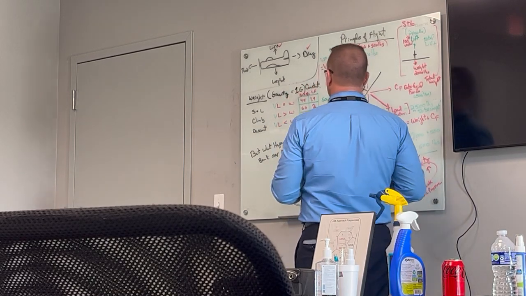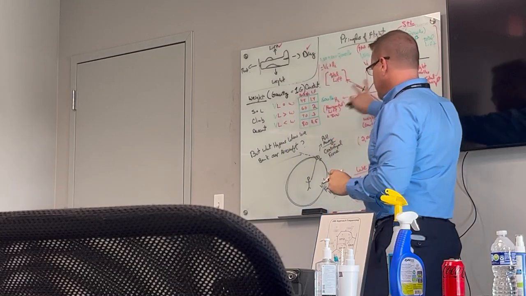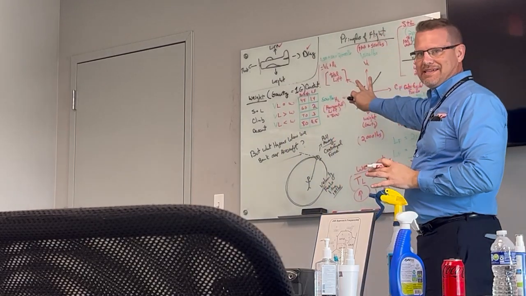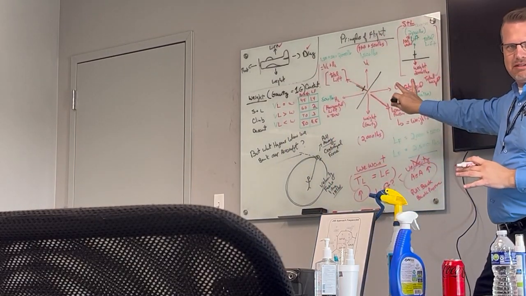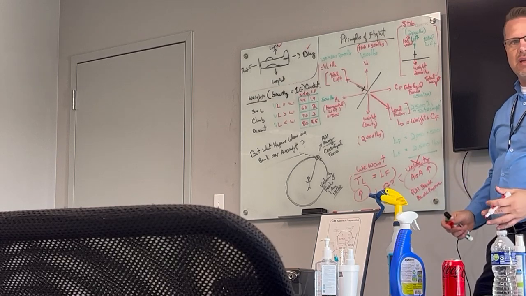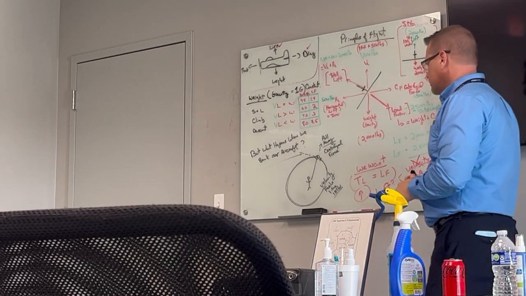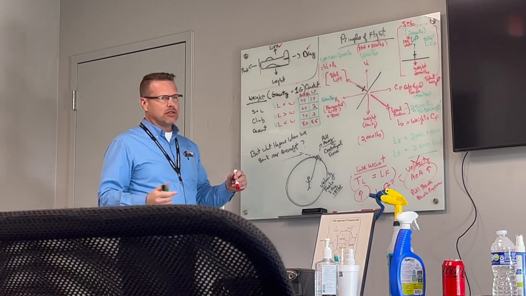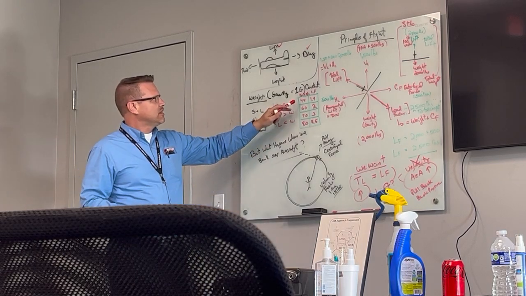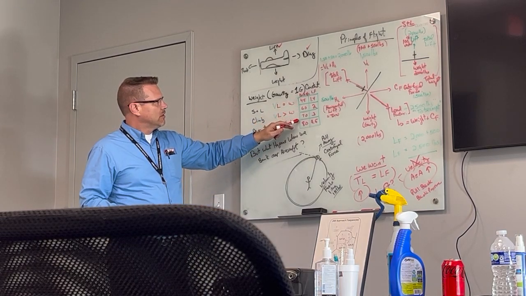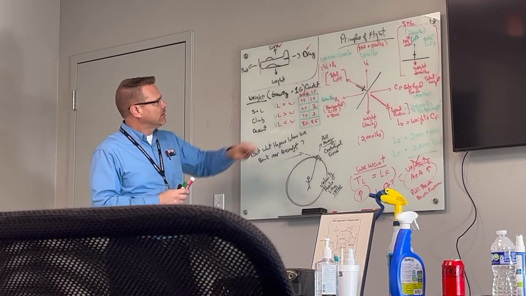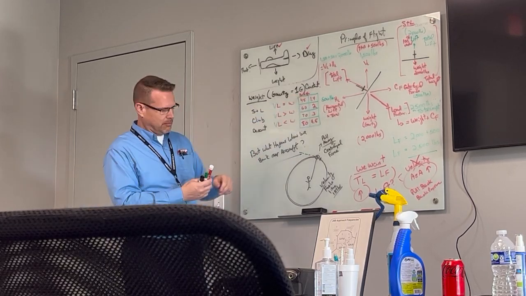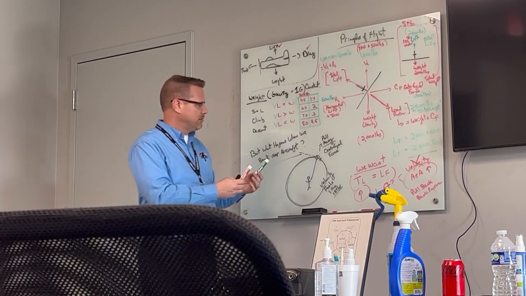Okay. So once you kind of have the theory of that explained, you can say, hey, we actually have a load factor chart that's in the books, and we know that at different bank angles we have load factor, but we express it in G's, right?